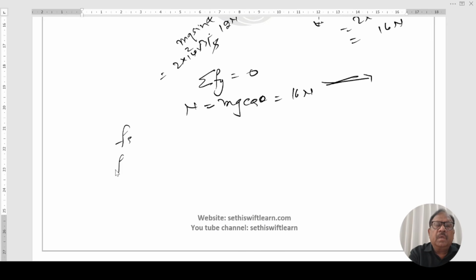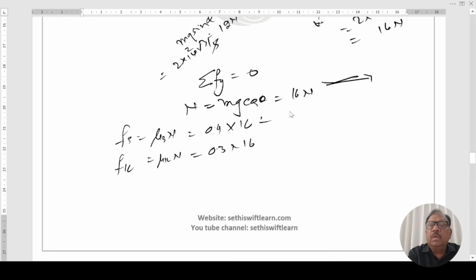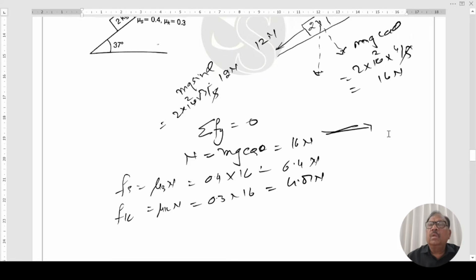Fs, Fk, mu s n, mu k n. 0.4 into 16 is 6.4 Newton. This one is 0.3 into 16, 4.8 Newton. Right?